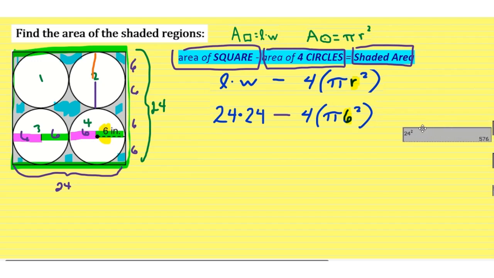Okay, so let's keep going. We're going to crunch the 24 squared. That is going to give us 576. So 576 minus 4 times pi times 6 squared. And let's see what calculation I came up with.